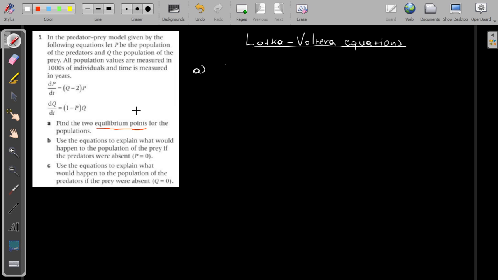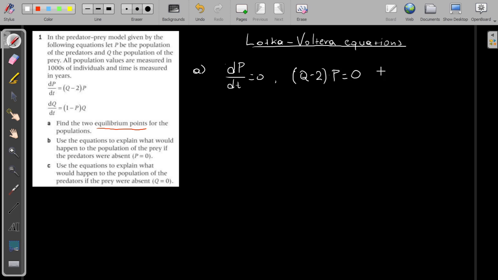Now I know that to have an equilibrium point, the derivatives should be 0. So if I take the first derivative, it means that (Q minus 2) times P is equal to 0.